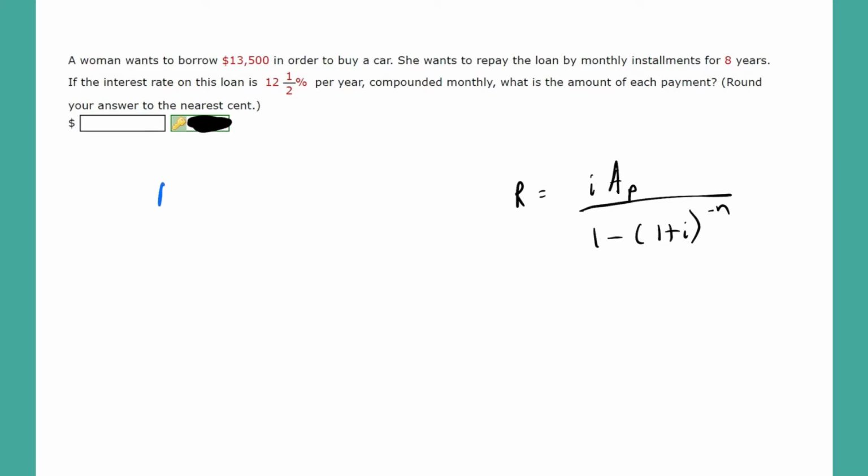So the amount of the car is $13,500. The interest is 0.125, 12.5, divided by 12, since it's compounded monthly, which means 12 times per year. And the number of payments is going to be 8 years times 12. So 8 times 12 is 96.